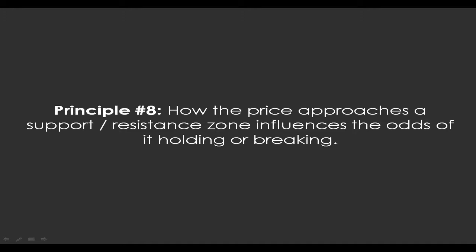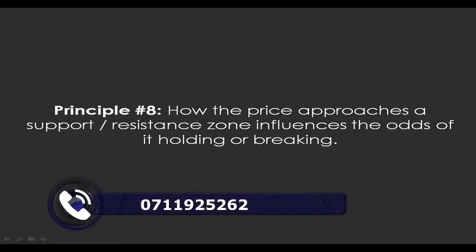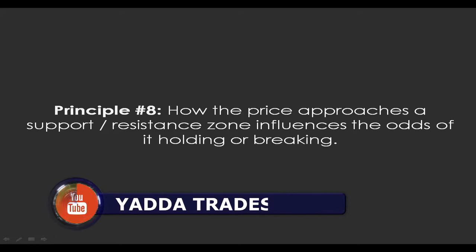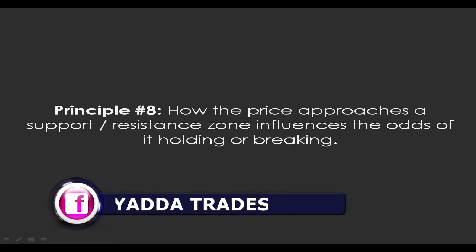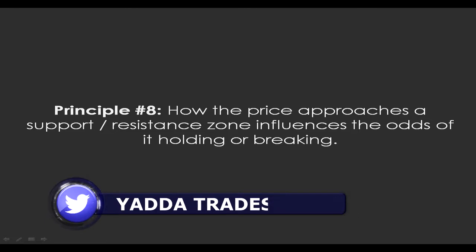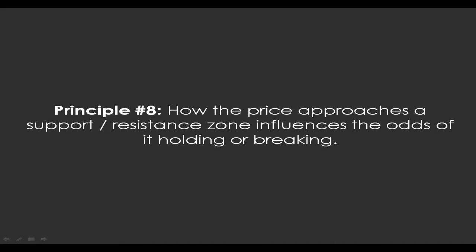Now, this is a very counterintuitive principle. Most traders have been taught and just have a natural feeling that you don't want to see a very sharp down move into a support zone. It's too scary to buy there. Well, most of the time the opposite is true. If you've had a strong down move, for instance, and it's already extended and it's already gone down quite a bit, and now you're hitting a support zone, especially if it's a decently important one, that's the perfect time to buy.